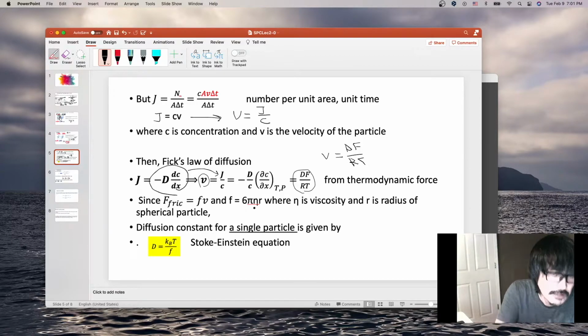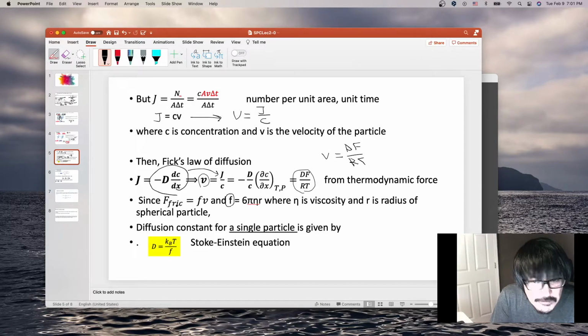That depends on the speed. So the friction force is given by these things right here, multiplied by the velocity here. Anyway, we're going to use that one right here.